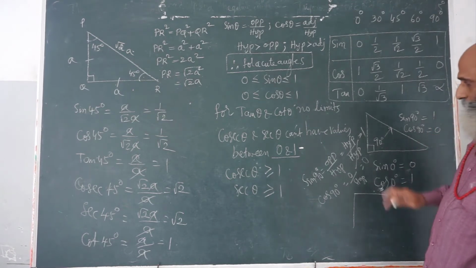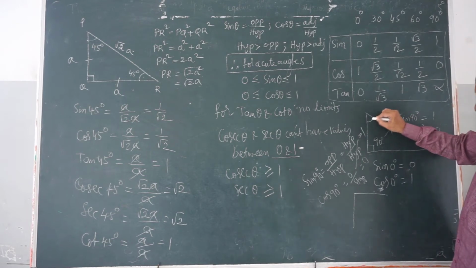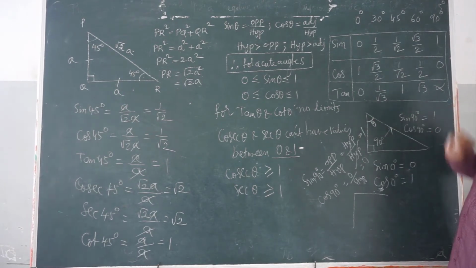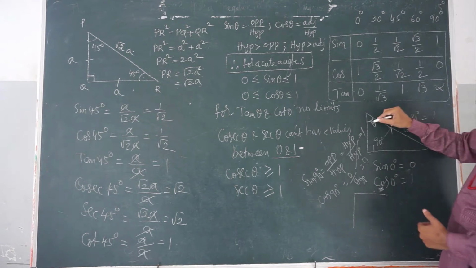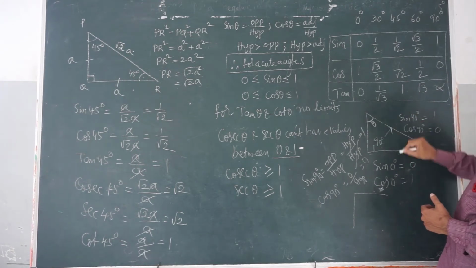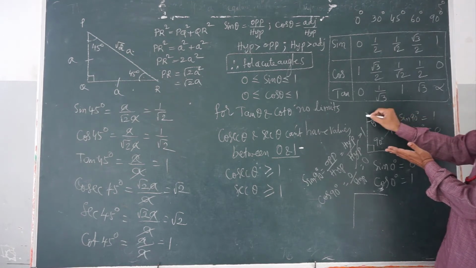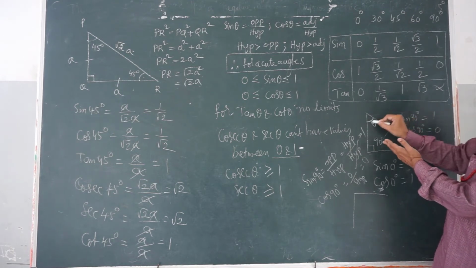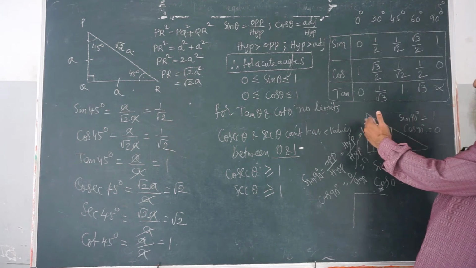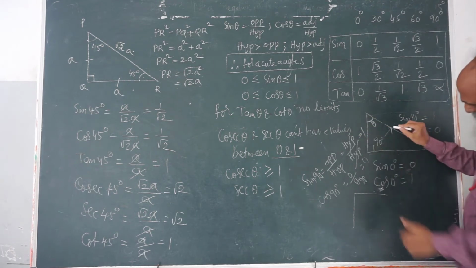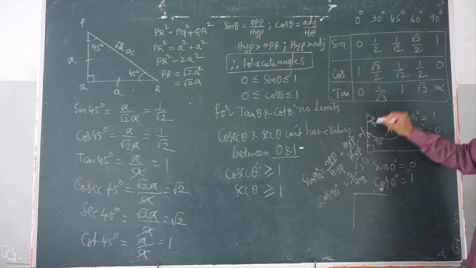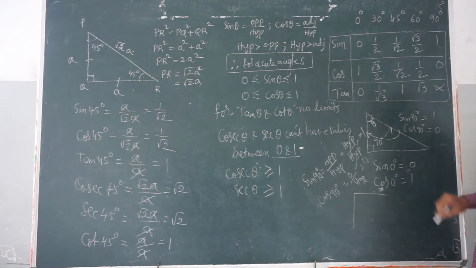Same logic applies. Suppose you take this theta, then sin theta means opposite side, and opposite side and hypotenuse are equal if this becomes 90 degrees. But if this becomes 0, then there is no opposite side. This will have to come and coincide here if this angle has to become 0.